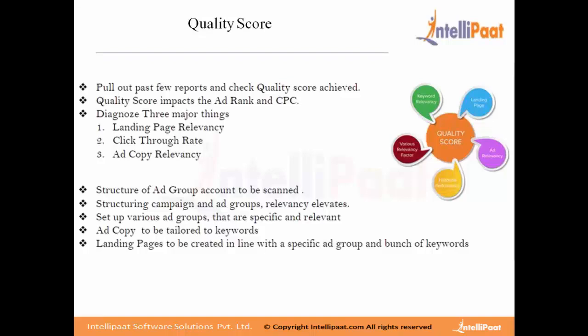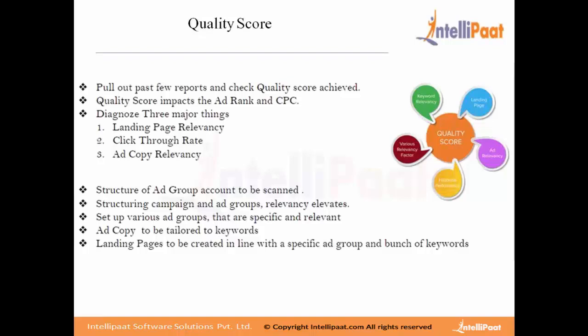The structuring of the ad accounts, like I've already said, should be checked. The relevancy part of the campaign, the accounts, the ad groups, the campaigns, all that needs to be looked at. Setting up various ad groups that are specific and relevant should be looked at. And ad copies should be tailored as per the campaigns, the ad groups and the keywords being used.